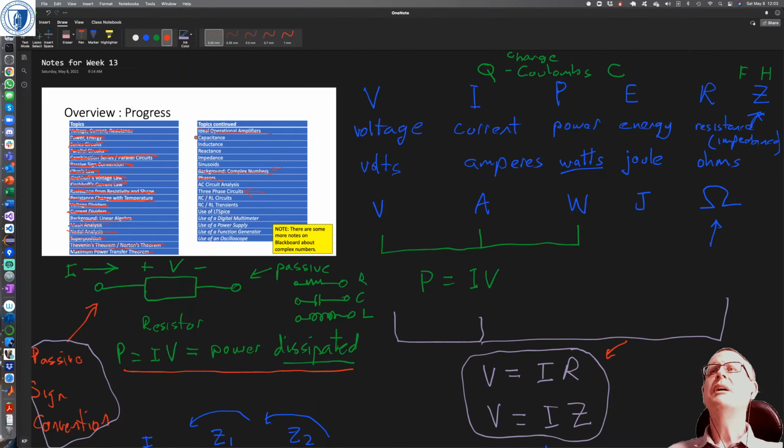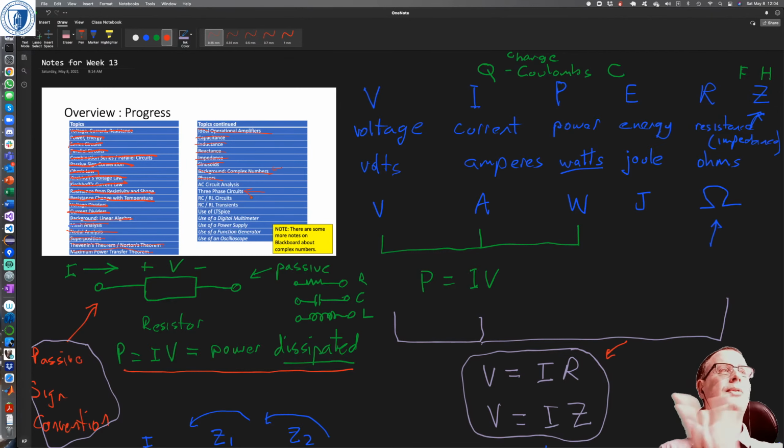Okay, so I've talked about capacitance, inductance, reactance, impedance, and sinusoids. All I'm going to say about AC circuit analysis is we can do everything we did with resistors: mesh analysis, nodal analysis, superposition, Thevenin, Norton, maximum power.